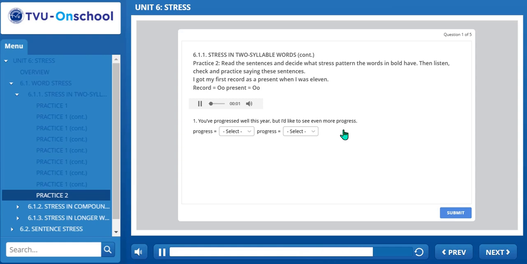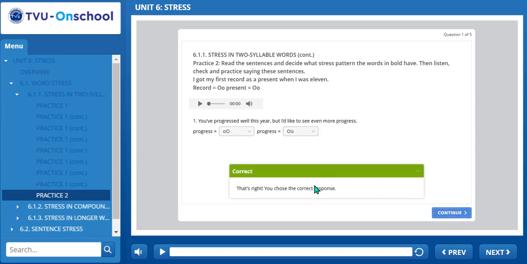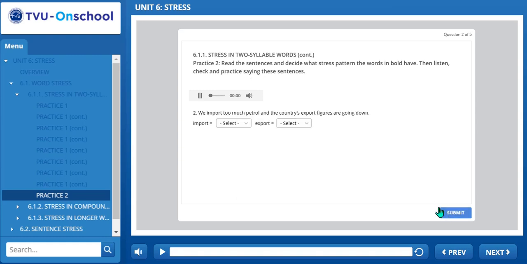Example. I got my first record as a present when I was 11. 1. You've progressed well this year, but I'd like to see even more progress. 2.